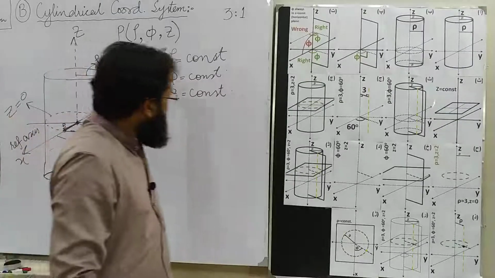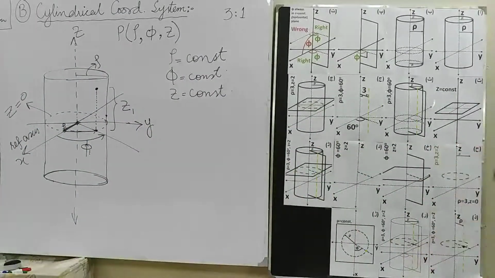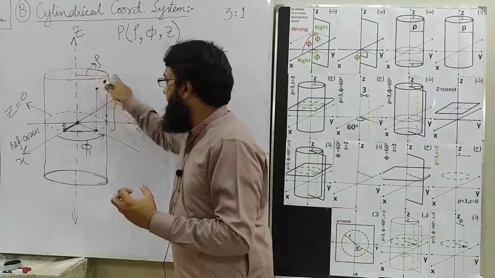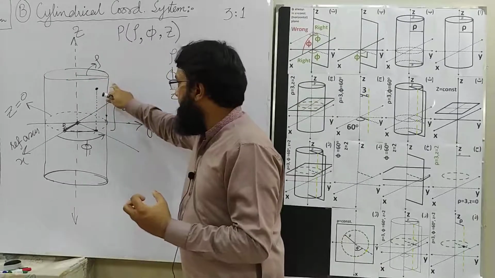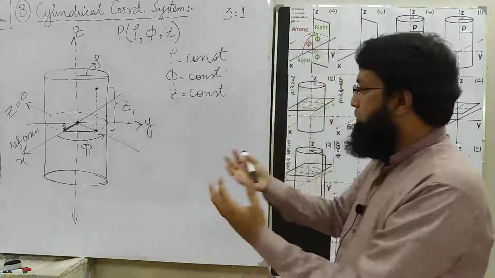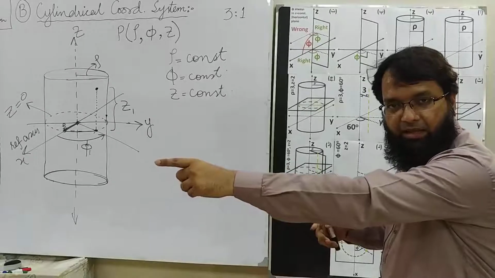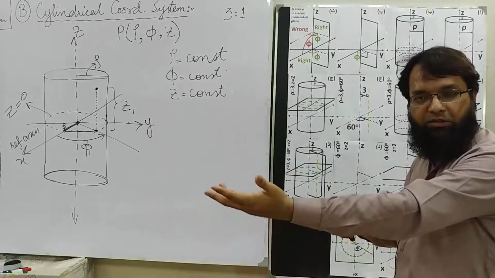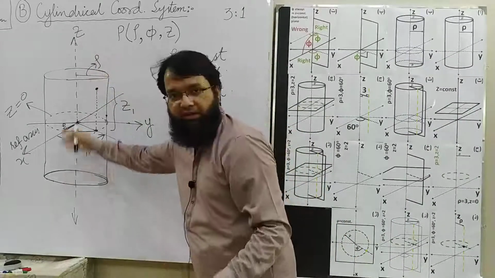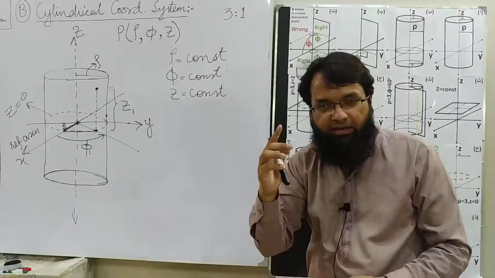So rho equals constant is the collection of all the points whose distance, because remember that rho is nothing but the perpendicular distance of any point with respect to the z axis, is constant. In other words, rho equals constant is nothing but a cylinder of infinite height but constant radius.